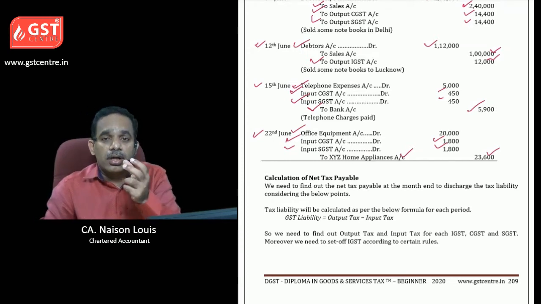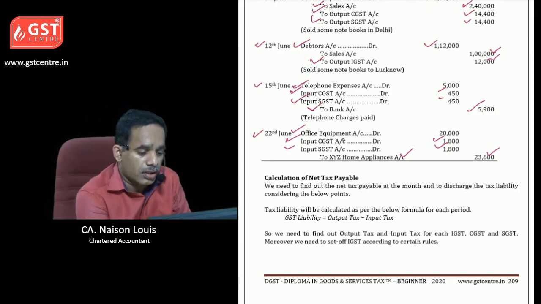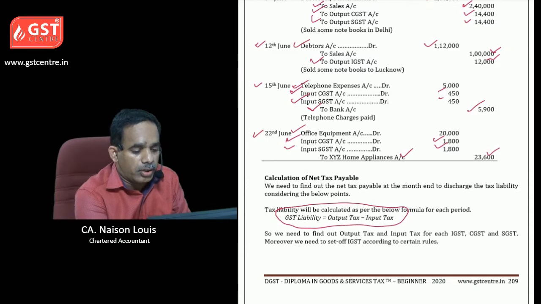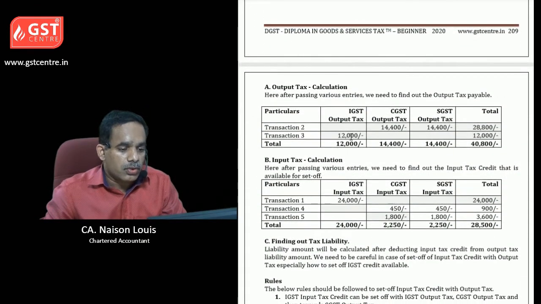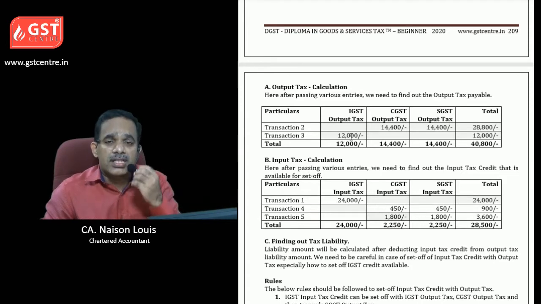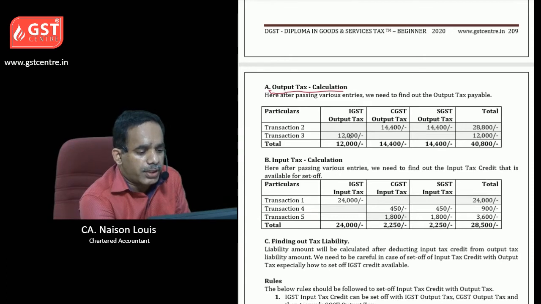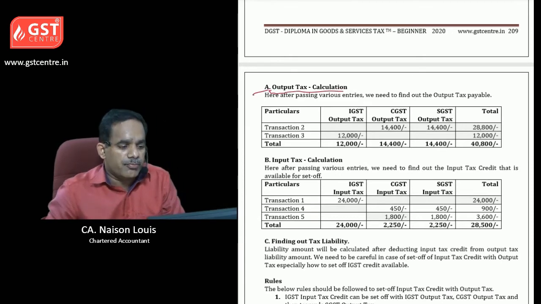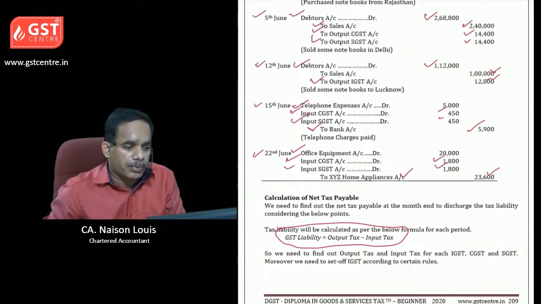Now we want to calculate the net tax liability. So GST liability equals output tax minus input tax. Like what we have done in the earlier chapter, we want to pick up the inward supplies as well as outward supplies. So here we need to take the output tax in table A. Transactions 2 and 3 have to be picked up.